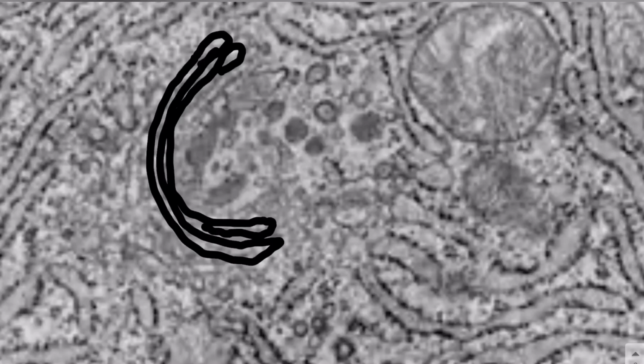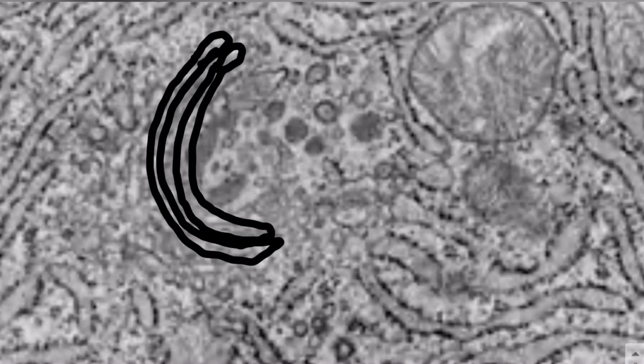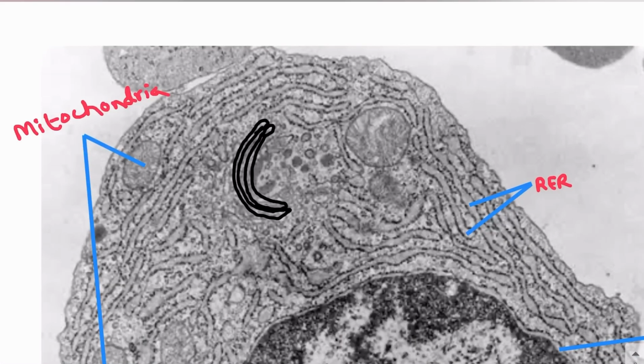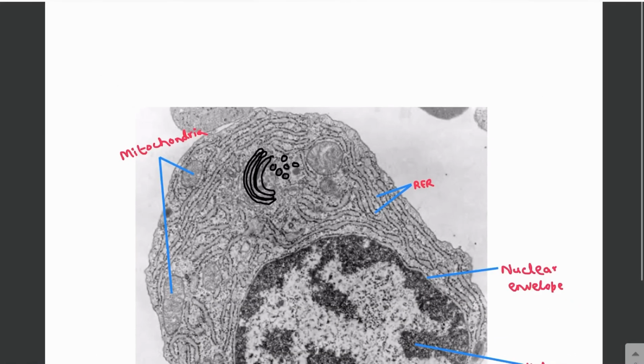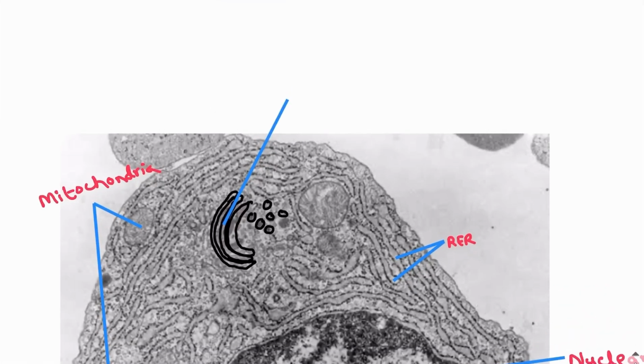These are kind of blurry, but I'm highlighting them for you so that you can understand, right? And you can also see vesicles coming out from the Golgi apparatus, right? This is also a pouch or a sac, and you can see the vesicles coming out of the Golgi apparatus. So guys, this is the Golgi apparatus with Golgi vesicles.